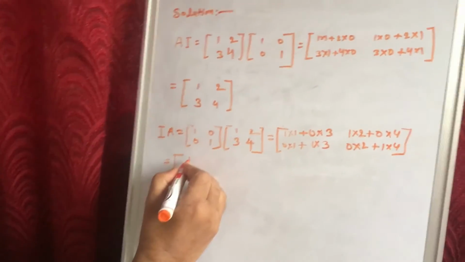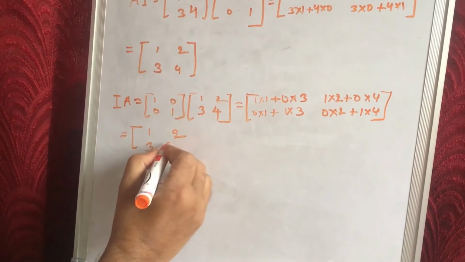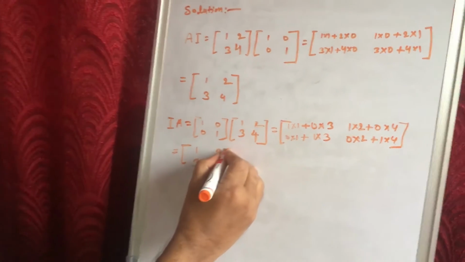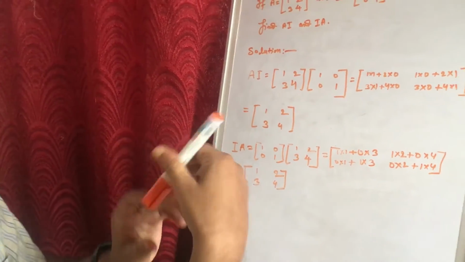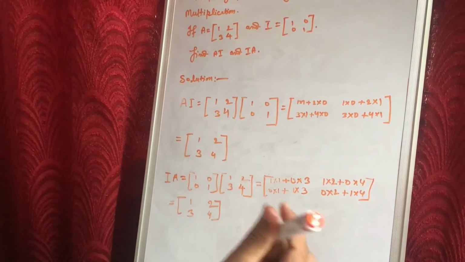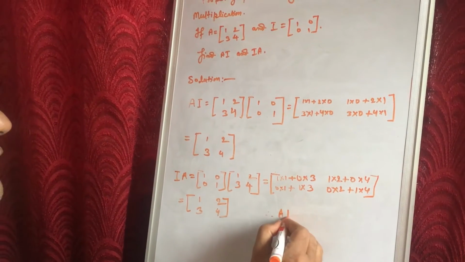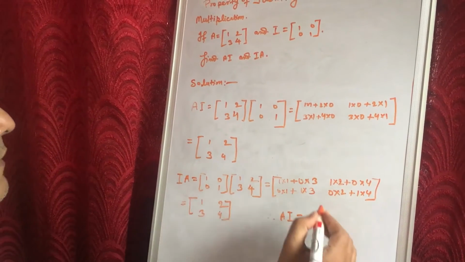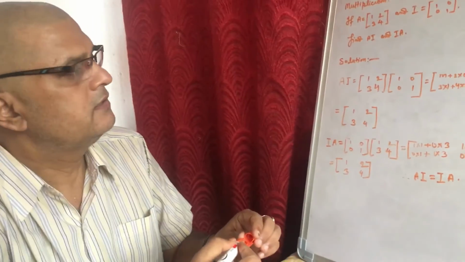It is 1, 2, 3 and 4. Now from this example it is becoming clear that AI is equal to IA. Okay. AI is equal to IA. Okay, thank you, student.